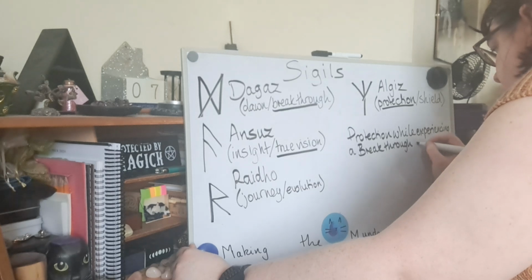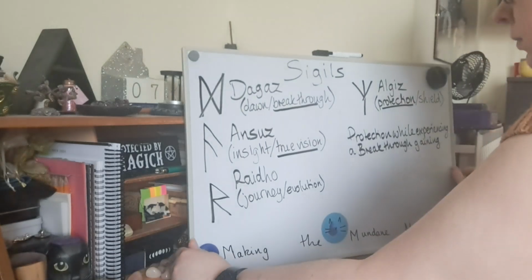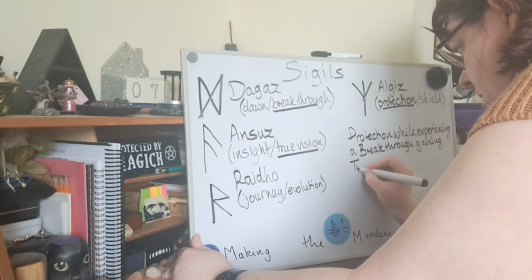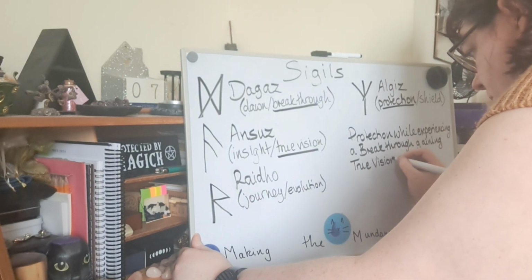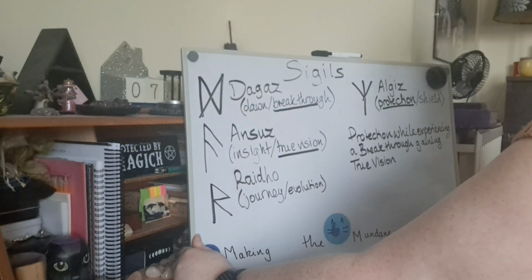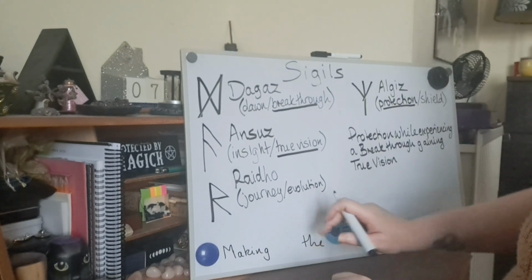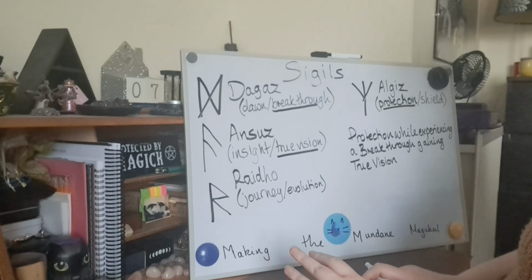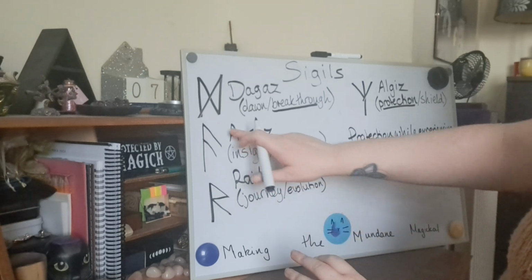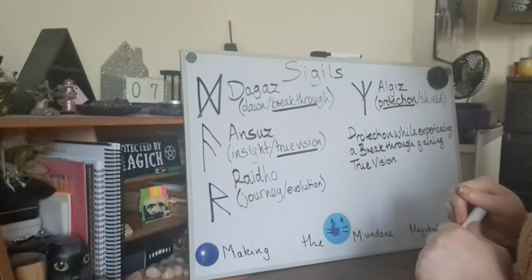Breakthrough. So I don't feel like Raido is going to be needed because it's kind of going to be in there anyway, based on Dagaz and Ansuz.